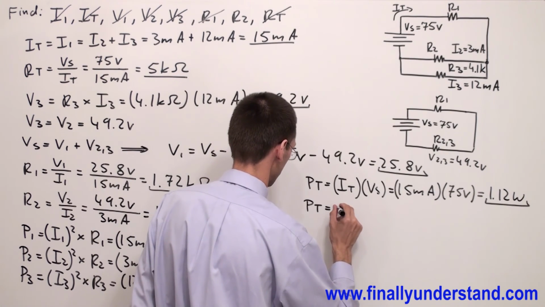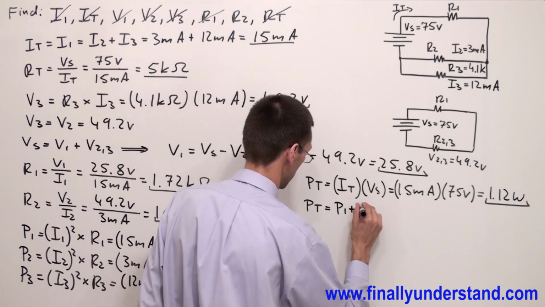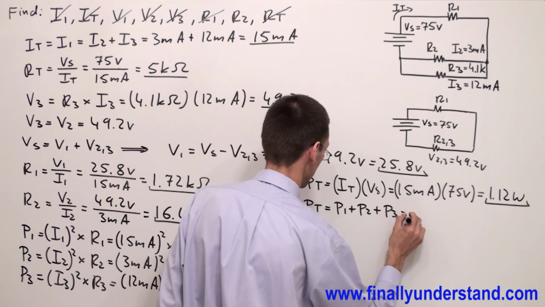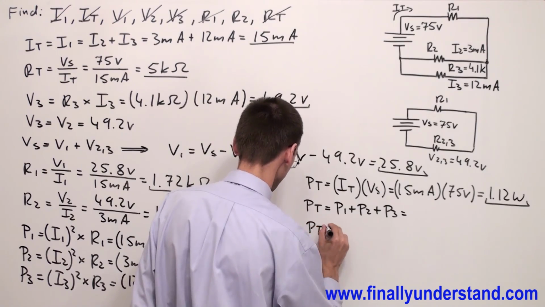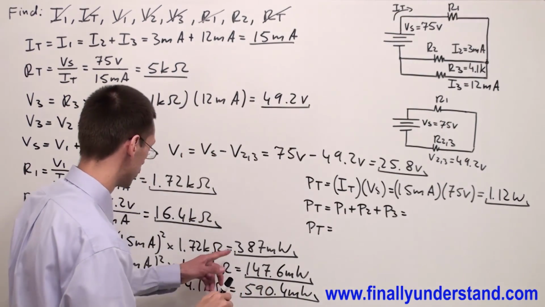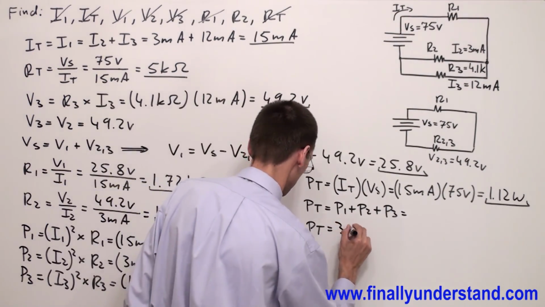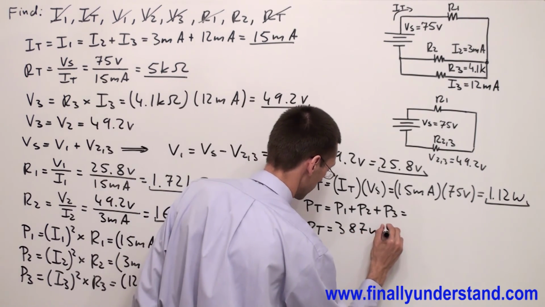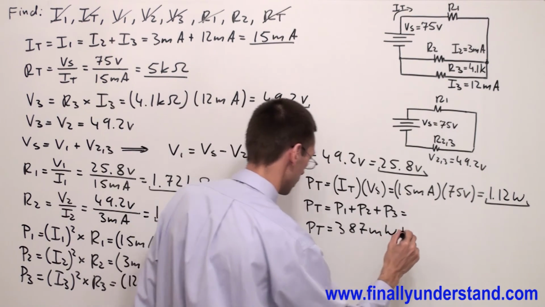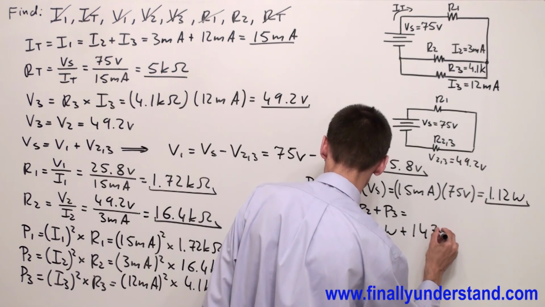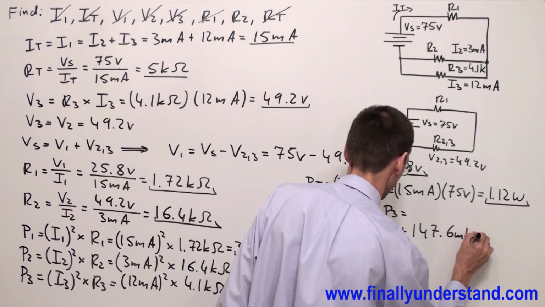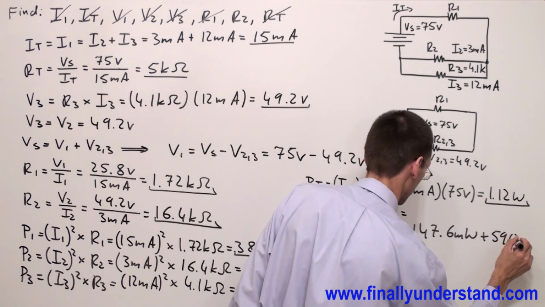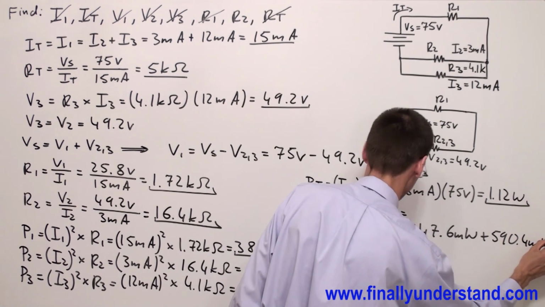So let me write the formula first. So I have P1 plus P2 plus P3. So this is equal to 387 milliwatts plus 147.6 milliwatts plus 590.4 milliwatts.